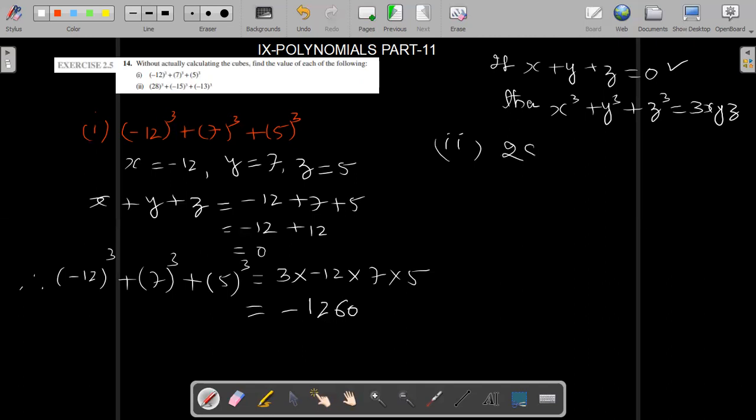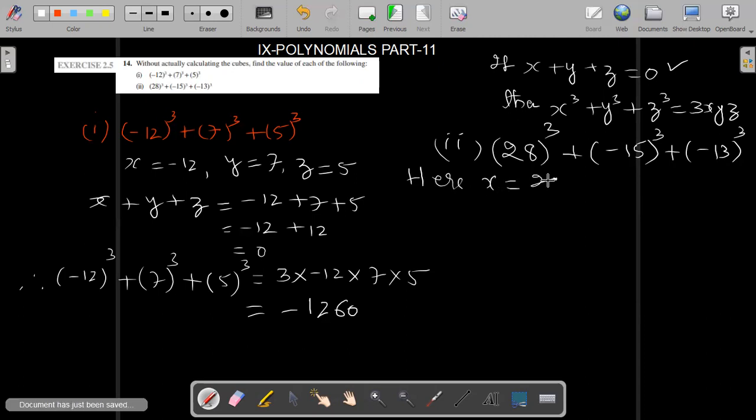Similarly, the second question is also the same kind of question. We have to find 28 cube plus minus 15 cube plus minus 13 cube. So here, what is x? x is 28. y is equal to minus 15.